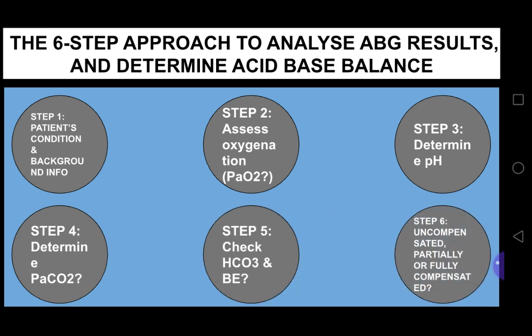Third step is determine the pH, whether it is acidic or alkaline. Fourth step is determine the respiratory component or PaCO2. Fifth step is determine the metabolic component, which includes bicarbonate and base excess. And step 6 is to determine whether it is an uncompensated acid-base derangement, partially compensated or fully compensated.